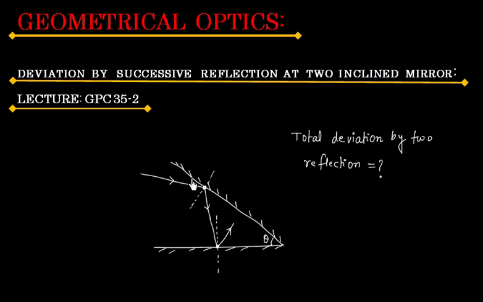Let us say the first angle of glancing is alpha. The angle made by the contact surface, that is the plane mirror, and the incident ray is called the glancing angle.